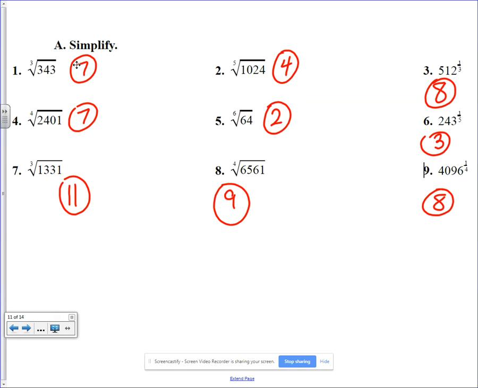The rest of these we're not actually going to use our calculator for. We won't need it. We're just rewriting them. Let's do one of these.